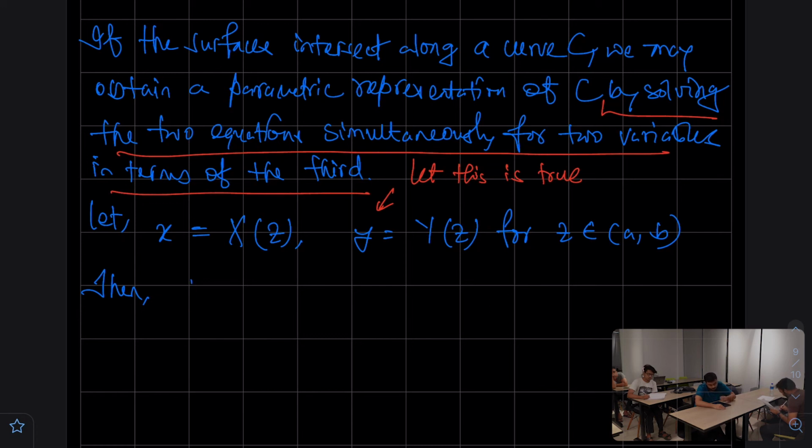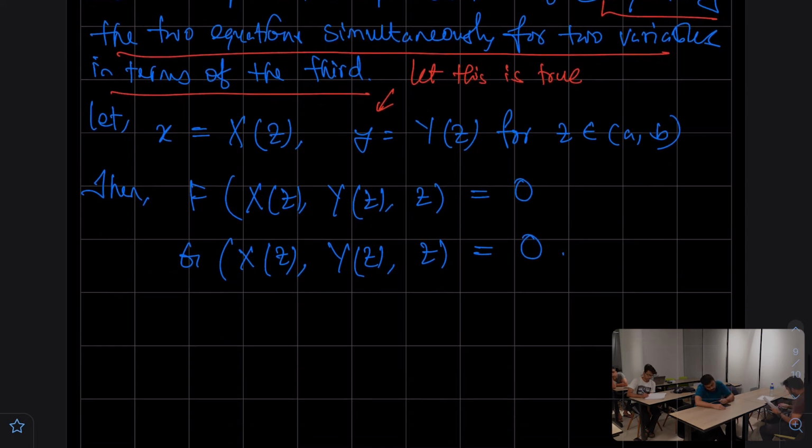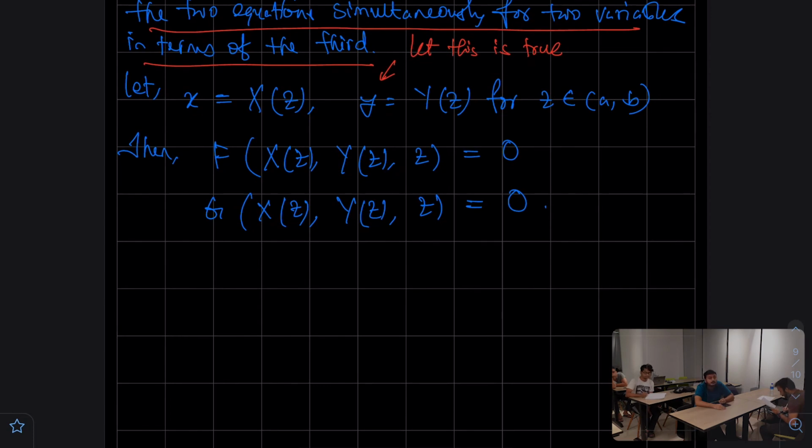So then we have f of, what did we have? We can write it down again, no? Rewriting what we know. There's no harm in that. These are all happening on the curve.